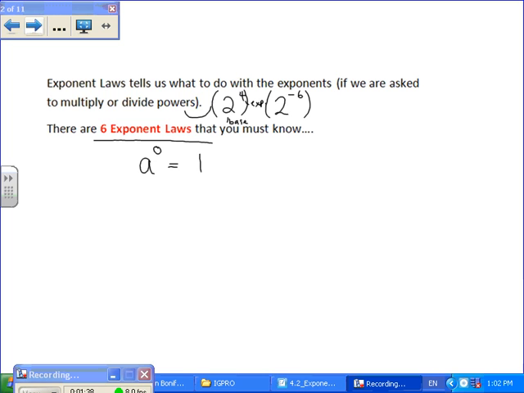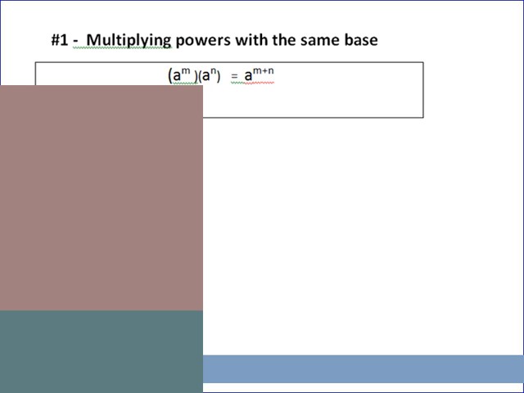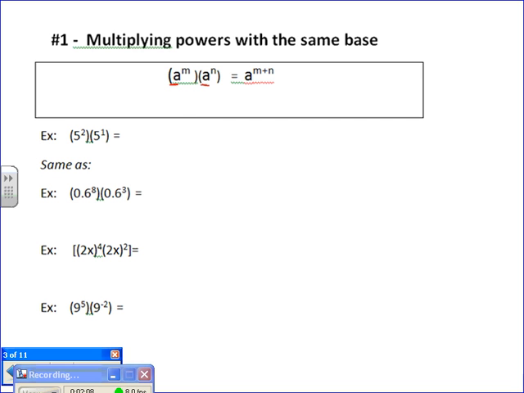Exponent law number 1 looks at how we deal with a question where we have the same base, different exponents, or maybe the same exponents, multiplied by each other. So, multiplying powers that have the same base. Here the base is a, and a is the same value in both factors.